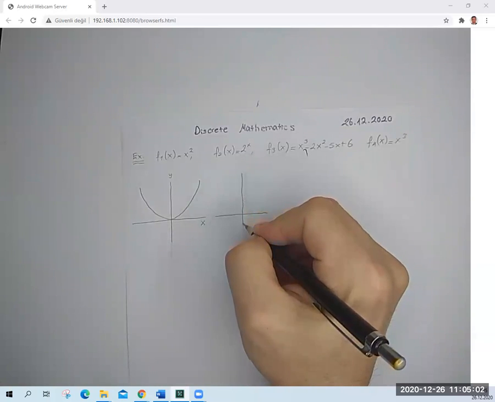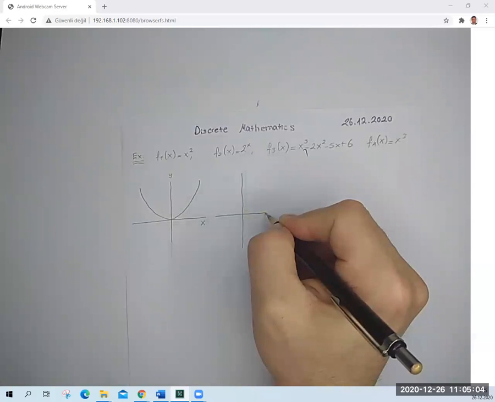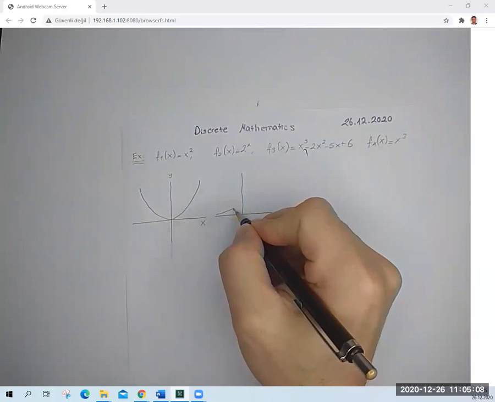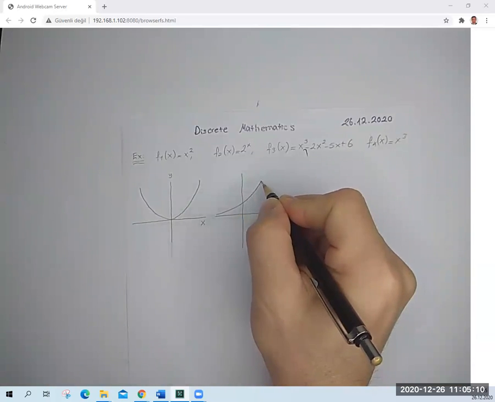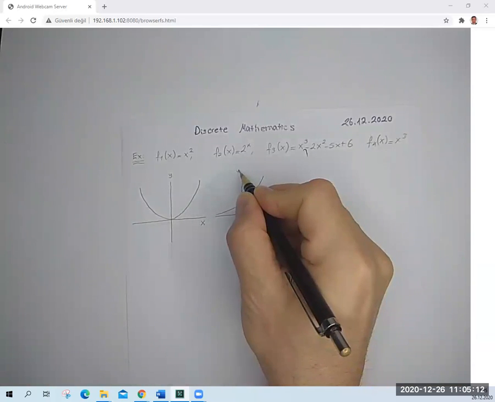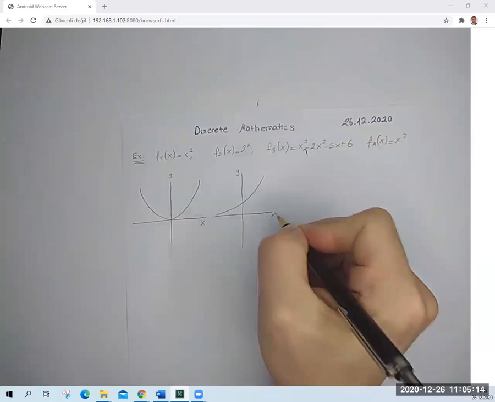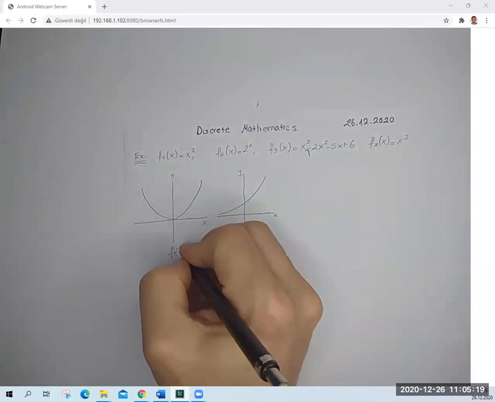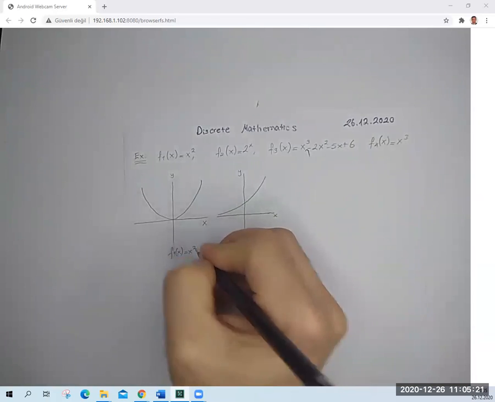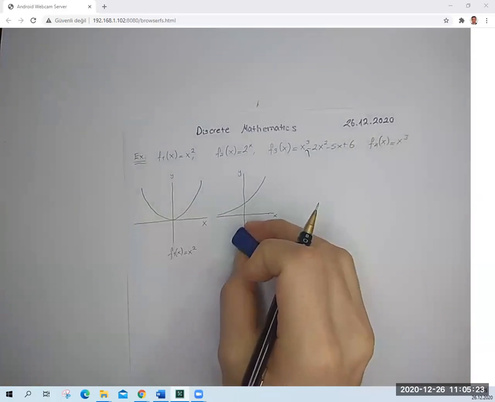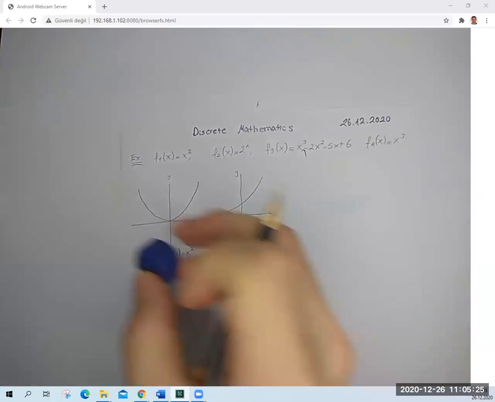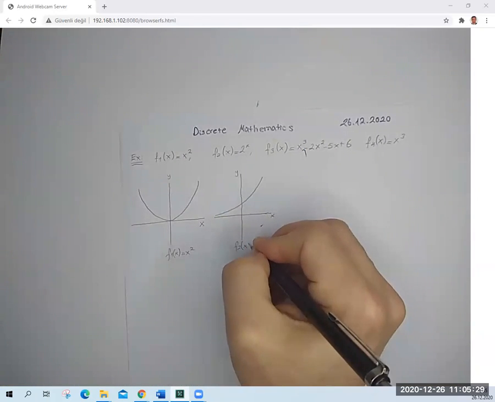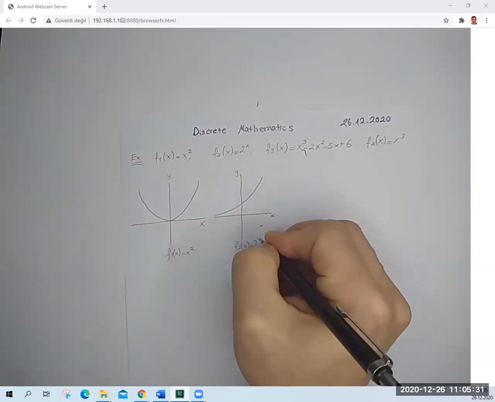Okay, here again the x and y line. So this is gonna be like that. This is the y as a target, and x. This is the f1 graph, and this is the f2 of x equal to 2 to the power x.